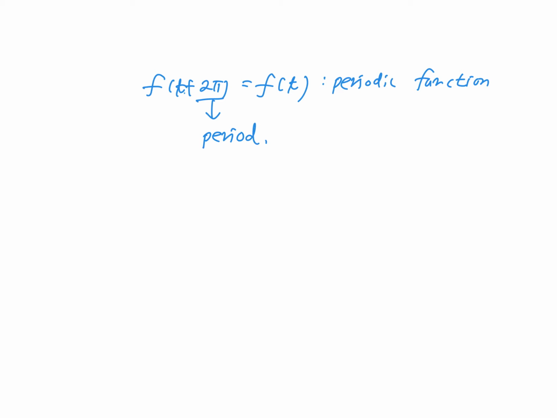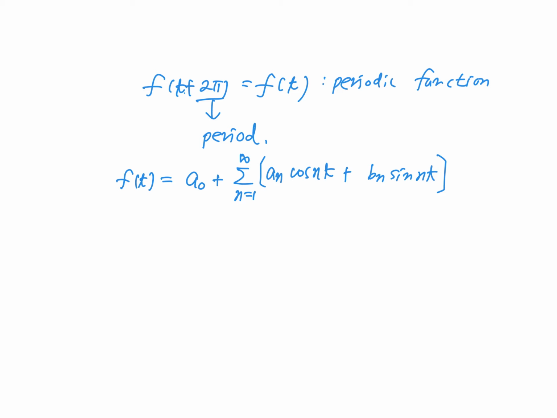So this periodic function has a period of 2 pi. And in this case, we can expand in terms of a0 plus a_n cosine nt plus b_n sine nt.